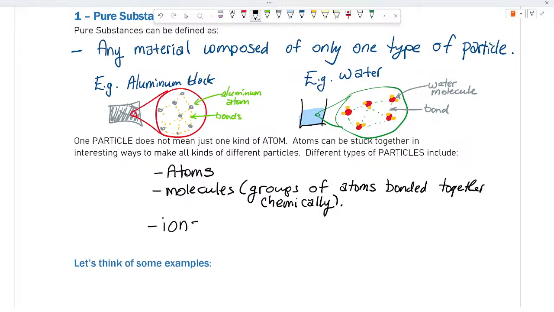You might have ions. That's a word we'll use later on. You might have something called formula units. You'll see these later on. Don't worry about them. I just want you to be aware that if you see any of these terms, we're talking about individual particles. Does that make sense? Don't worry if you don't know what they are yet. You will later, I promise. You're going to do this stuff to death.